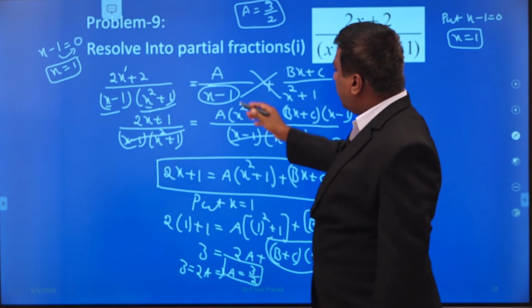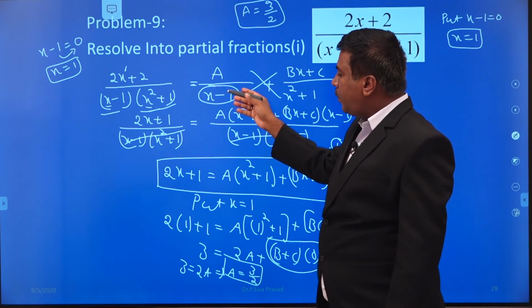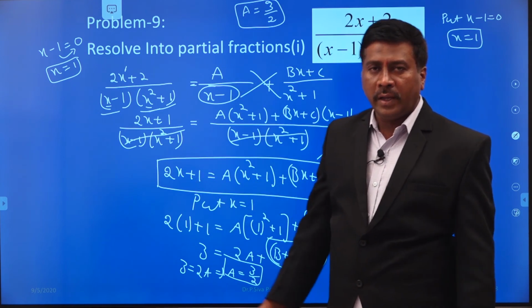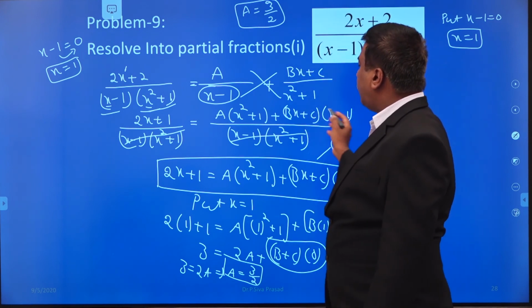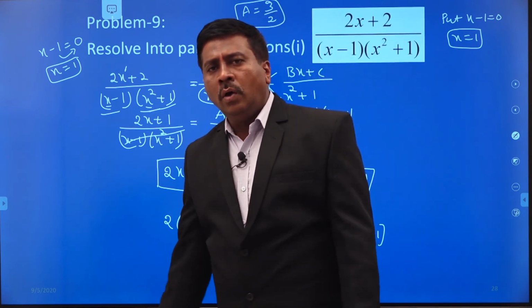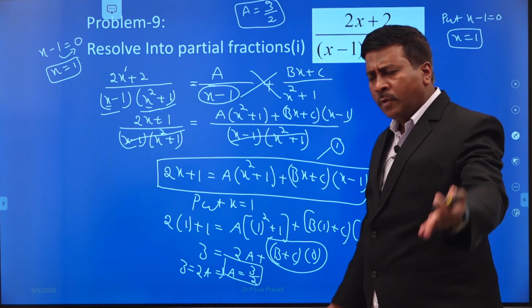Here what we did: whatever value makes the denominator of A zero, we put in the given relation, and automatically that yields the value for A. Now, our intention is to find the values for B and C. Here also, whatever procedure you applied in the previous problems, the same procedure you have to apply.